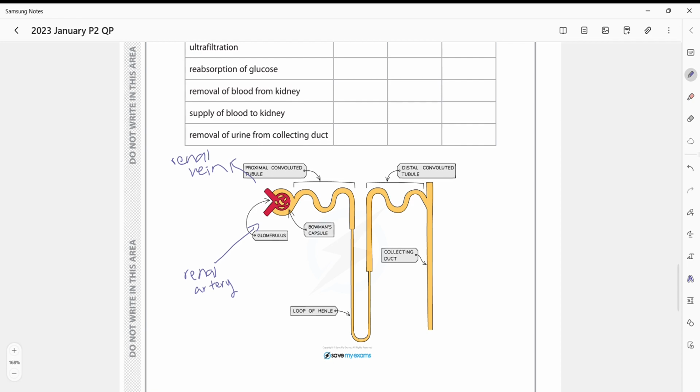And then your proximal convoluted tubule is this part here, let me just circle that properly. The proximal convoluted tubule is responsible for selective absorption. So for example, because glucose is small enough to pass through, what the proximal convoluted tubule does is absorb as much glucose and as many amino acids as possible.